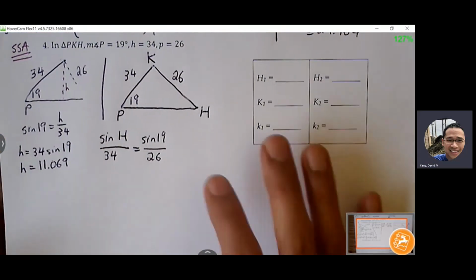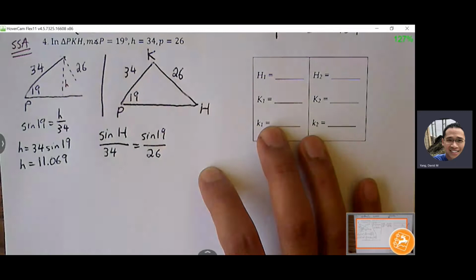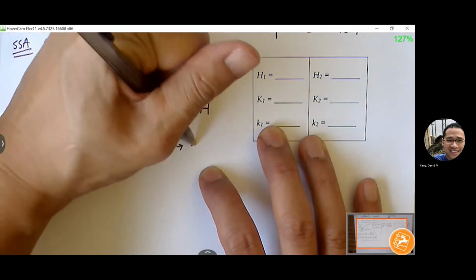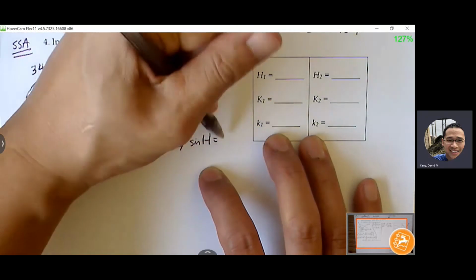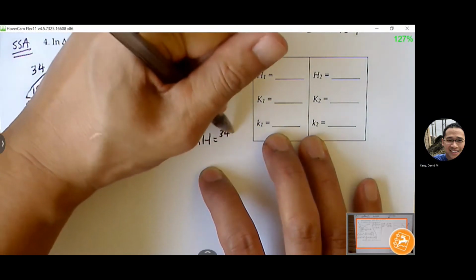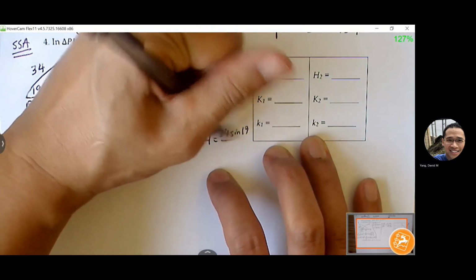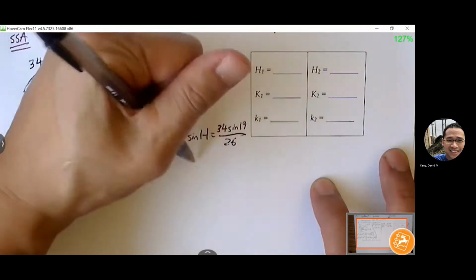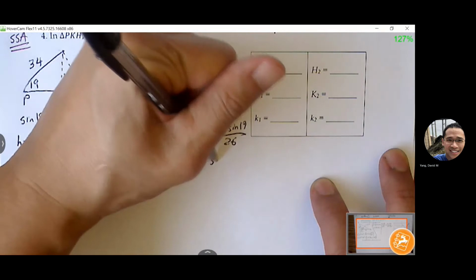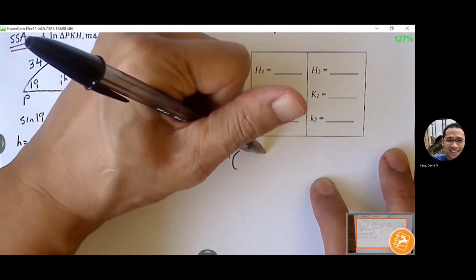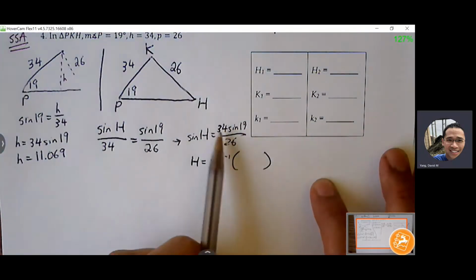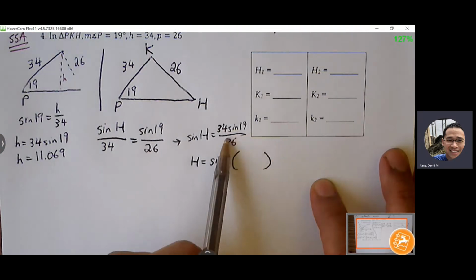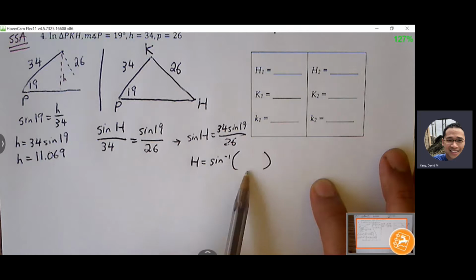Cross multiply, let's get that sine of H by itself, and then we'll involve inverse. Get that decimal value, or if you want to enter it all into one go, you can. Or you can find this decimal first and then plug it in here.